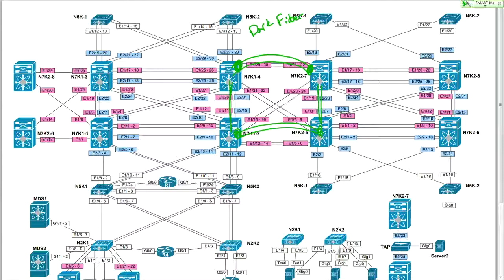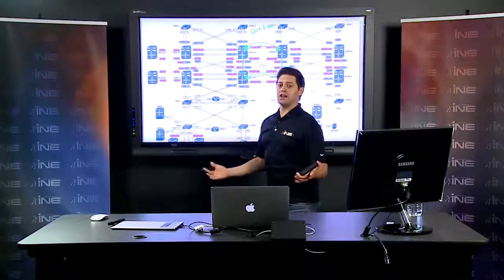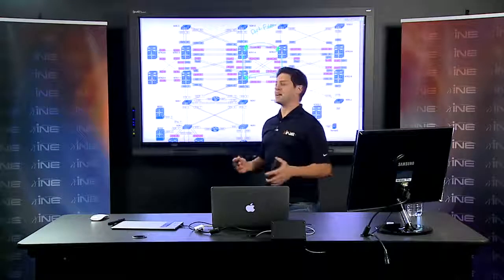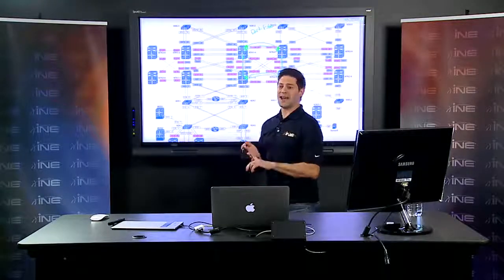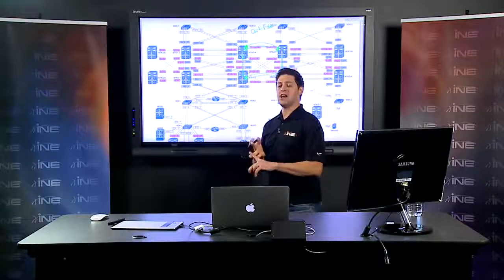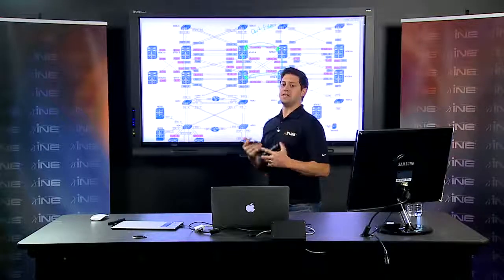So I can use MACsec, CTS encryption, what was originally all of CTS, Cisco TrustSec, MACsec. I can use this with back-to-back vPC or active-active. I can also use it with VPLS.